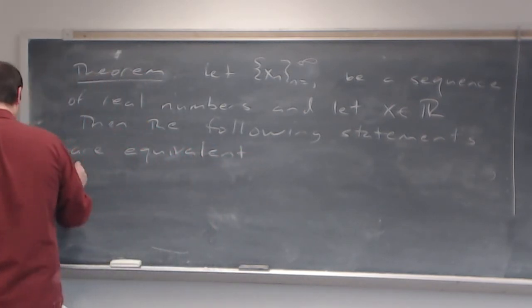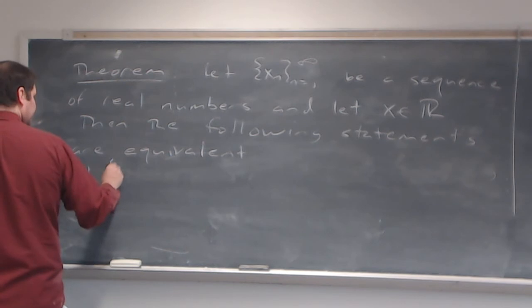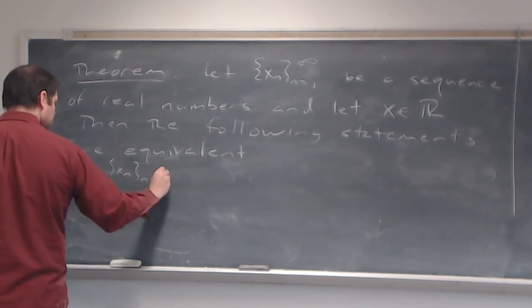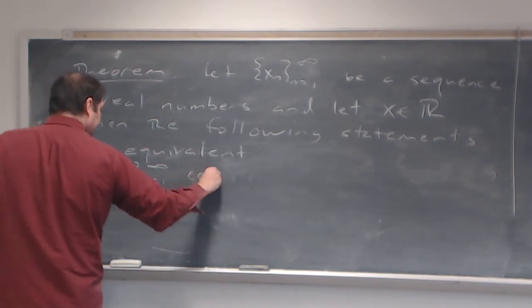The first statement, A, is x of n converges to x.